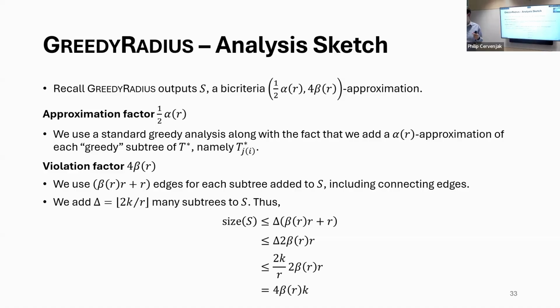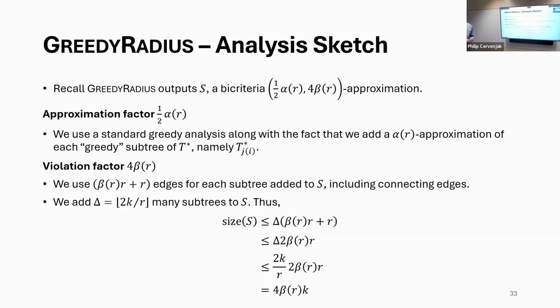We can use the fact that each of these subtrees can be the greedy elements of the optimal solution. But of course, we can't find those subtrees exactly, so we have to call that subroutine in order to approximate them. So we plug this alpha of R term into a standard greedy analysis, and we get back a half alpha of R approximation.